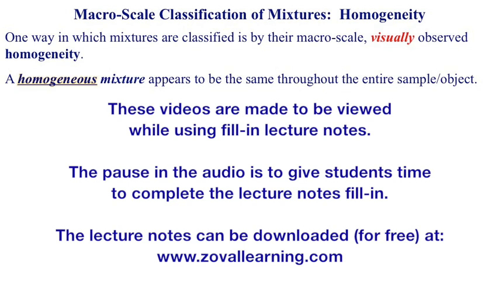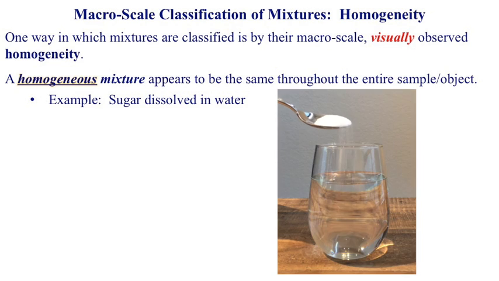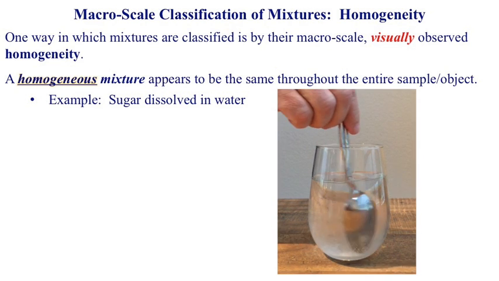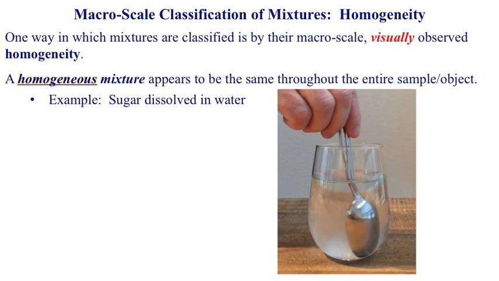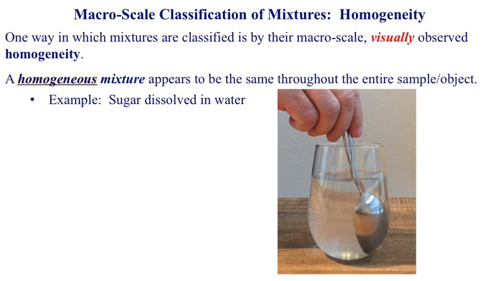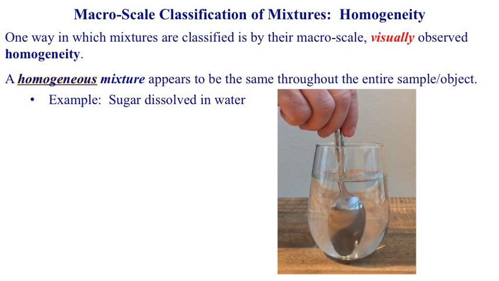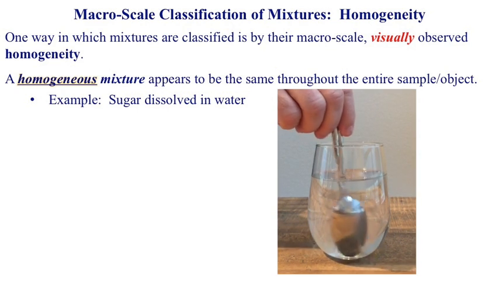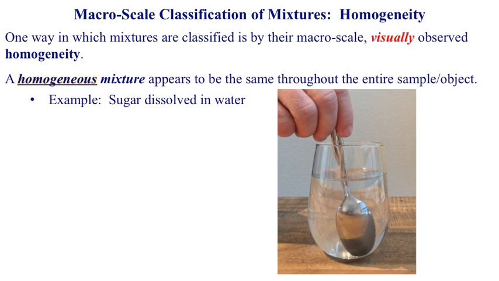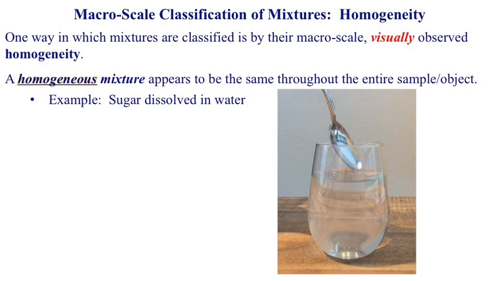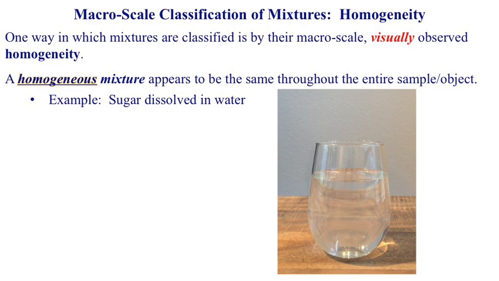If you dissolve a spoon of sugar in water, the resulting mixture would be homogeneous. If you were to repeatedly withdraw one drop of the sugar water from various random regions in the glass, each of the drops would be identical. This can be contrasted with a heterogeneous mixture.